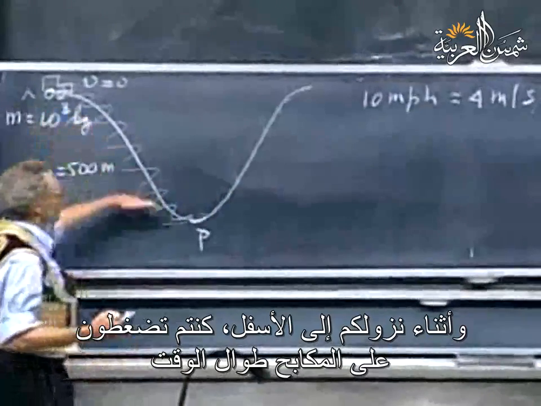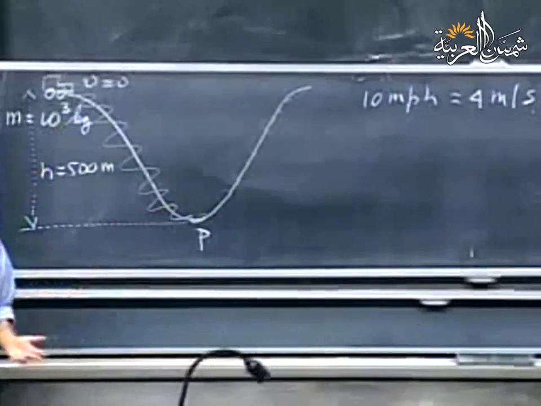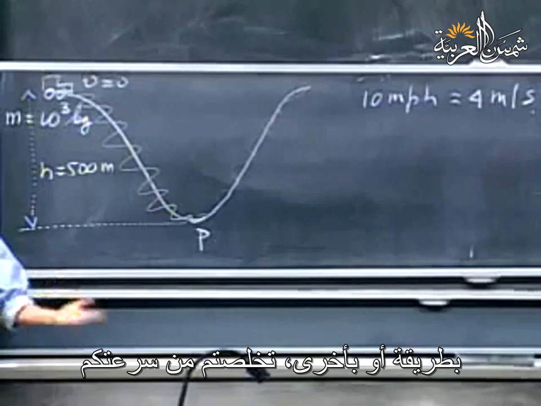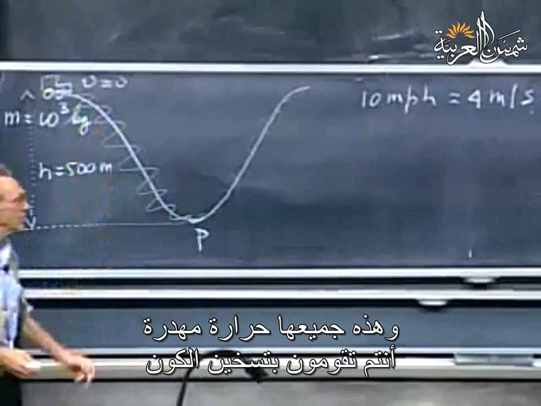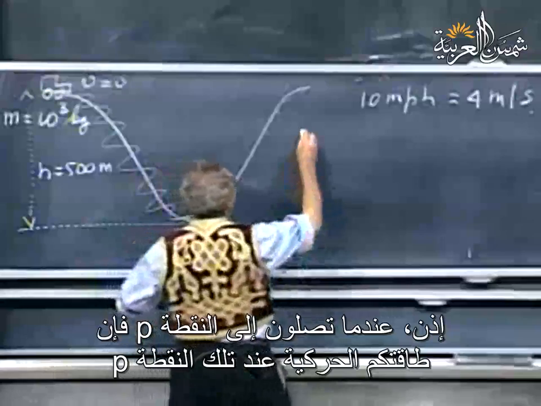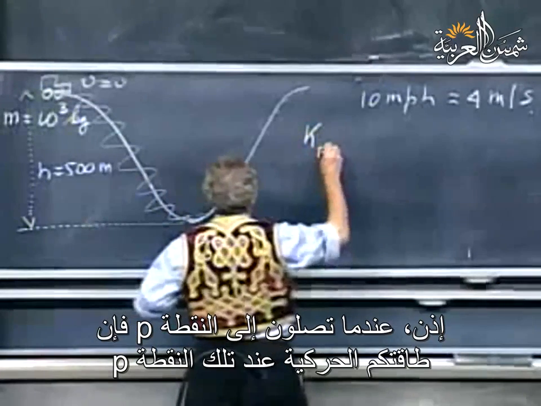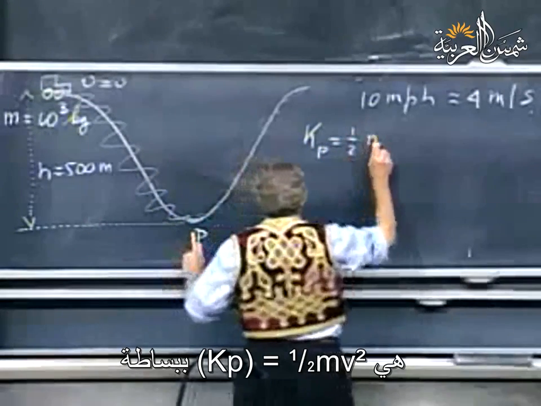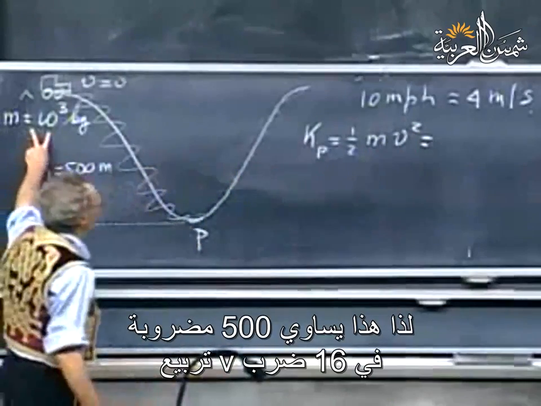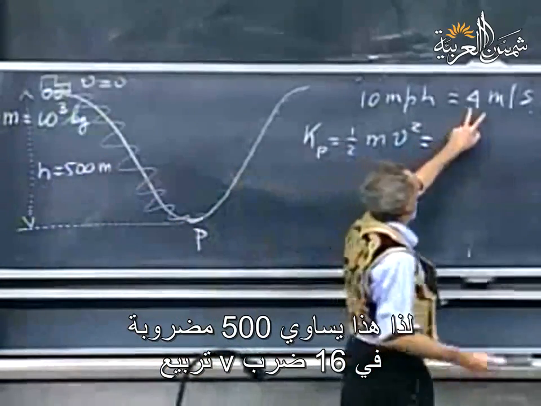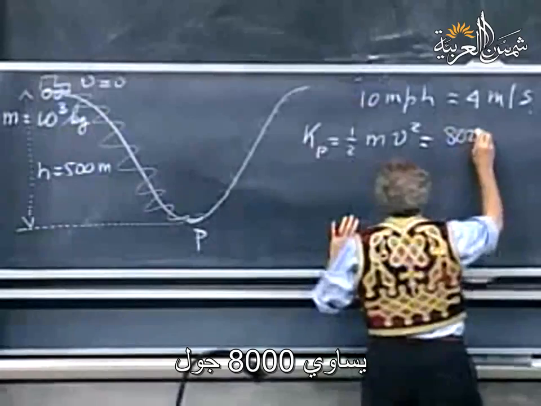And as you went down, you've been braking all the time. One way or another, you got rid of your speed. And that's all burned up, heat. You heat up the universe. So when you reach point P, your kinetic energy at that point P is simply 1/2 mv squared. m is the mass of the car, so that is 500 times 16, so that is 8,000 joules.